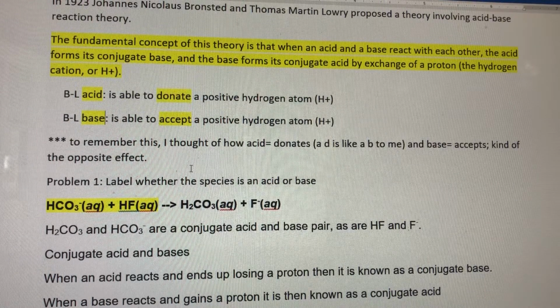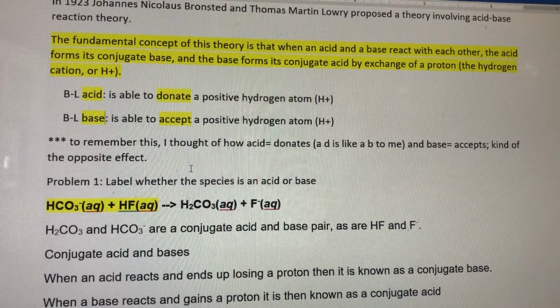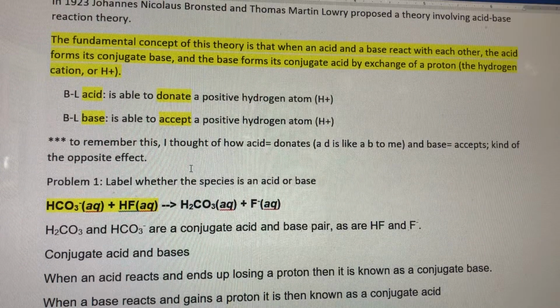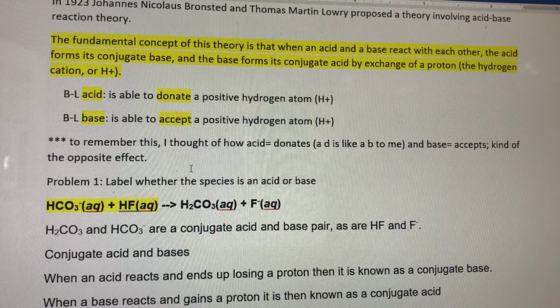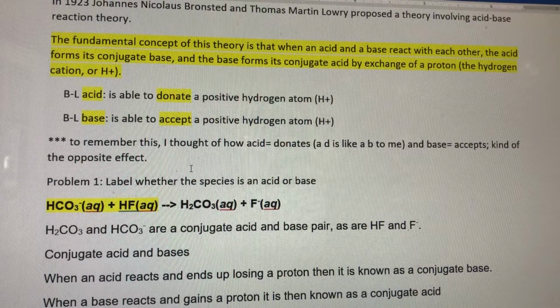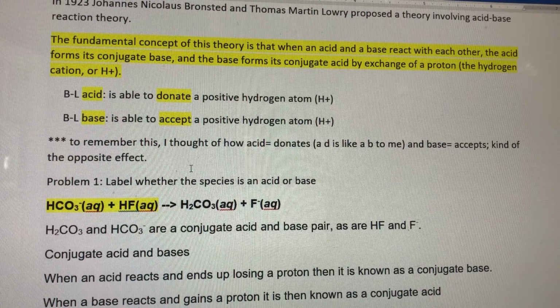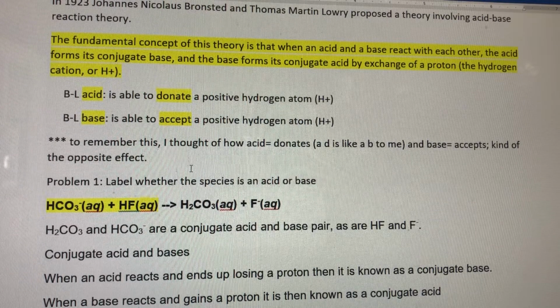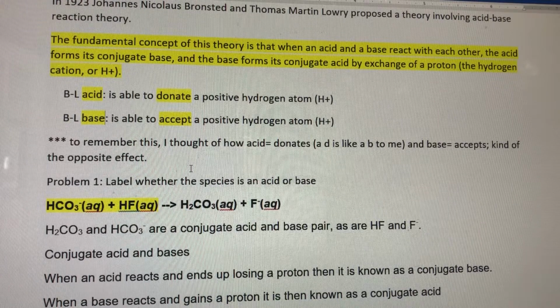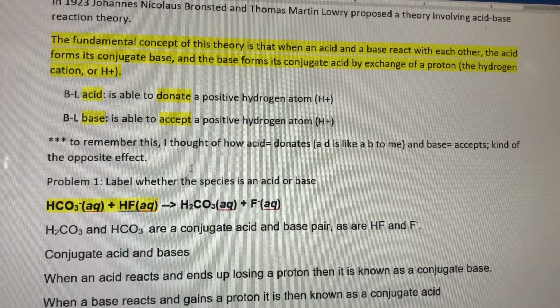The reason why I did this is because it's an easy way for me to remember that an acid, in this case, is going to donate a positive hydrogen ion and that a base is going to accept. I think of it as acid donates, A and D. Donate starts with a D. But with my learning disability, sometimes I switch a D to a B. So it helps because we're talking about acid and base.